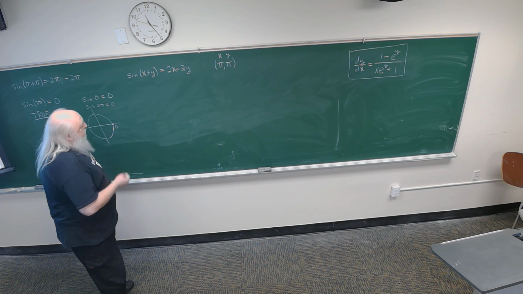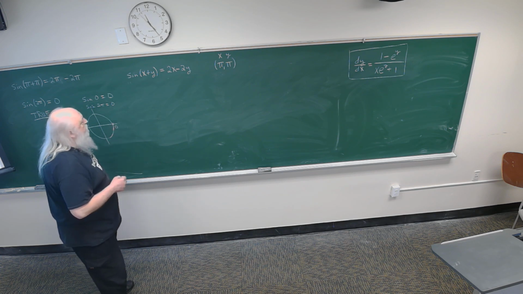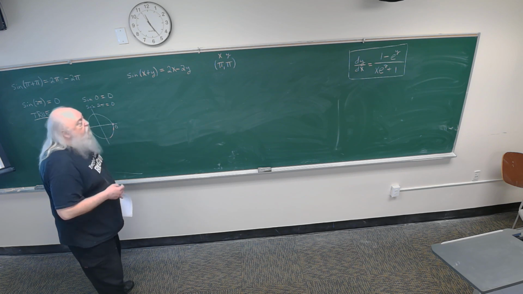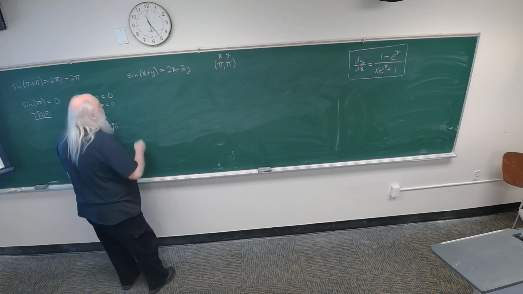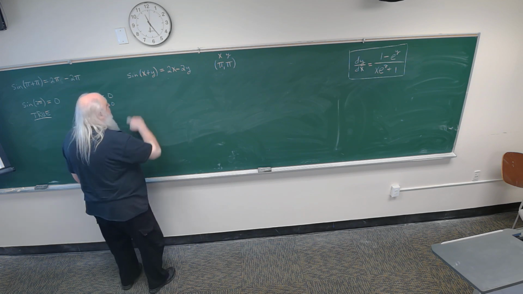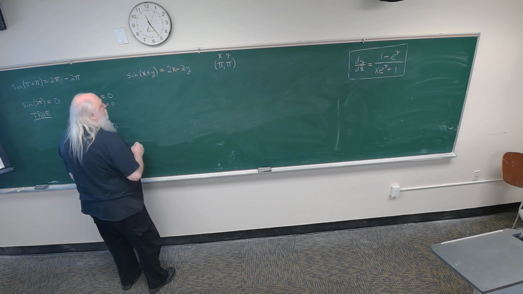To get the slope of the curve at that point of tangency, we've got to differentiate this equation with respect to x. So we differentiate the left-hand side with respect to x, and we differentiate the right-hand side with respect to x.